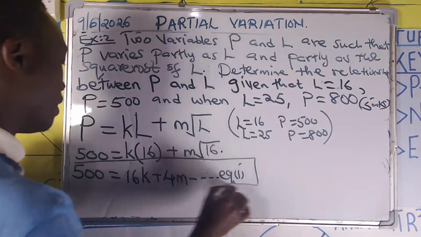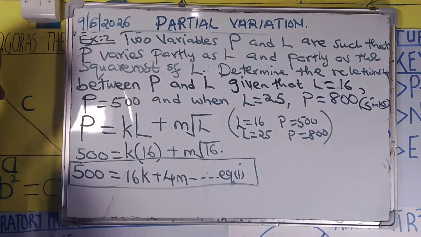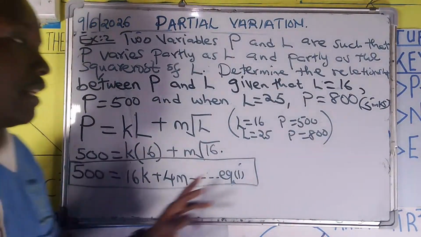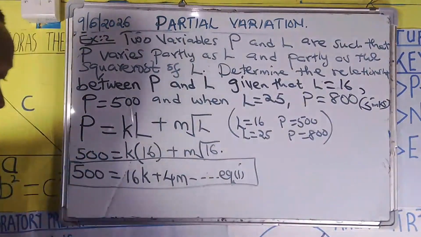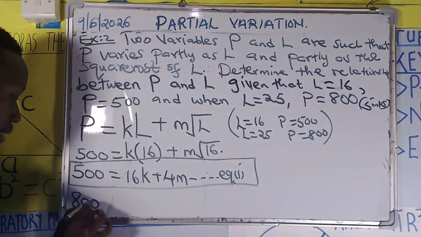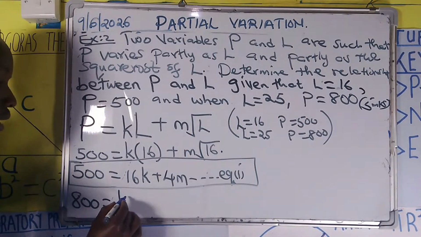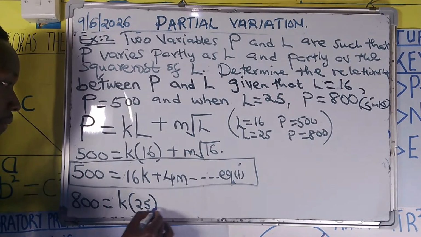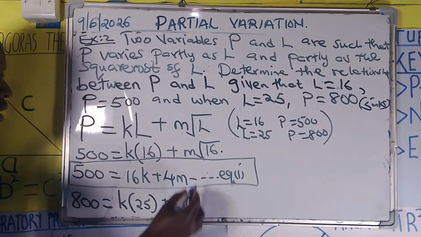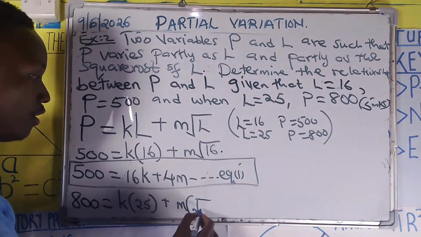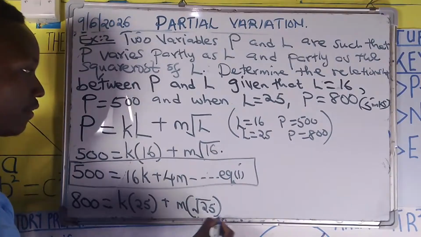This is going to be our equation 1. Then let us proceed to the second one: 800 is equal to K multiplied by 25 plus M multiplied by the square root of 25.